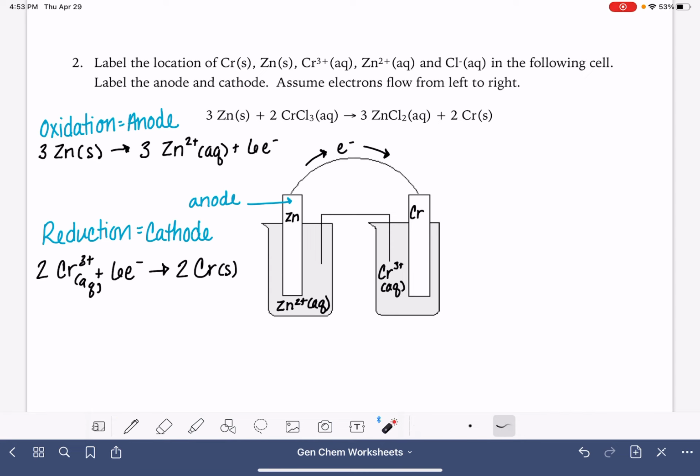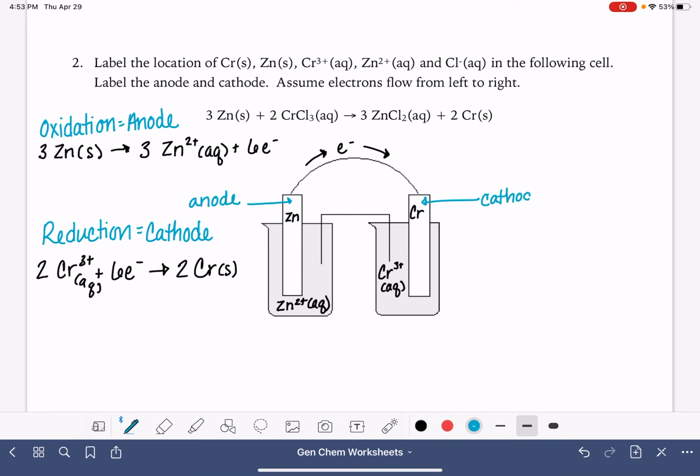The electrons will come across this wire. They will come down on the outer surface of this electrode. The chromium ions are going to be attracted to the electrons on the electrode. This reaction will take place, and chromium atoms, as they are formed, are just going to plate on the outside of this electrode. This electrode, which we will label the cathode.